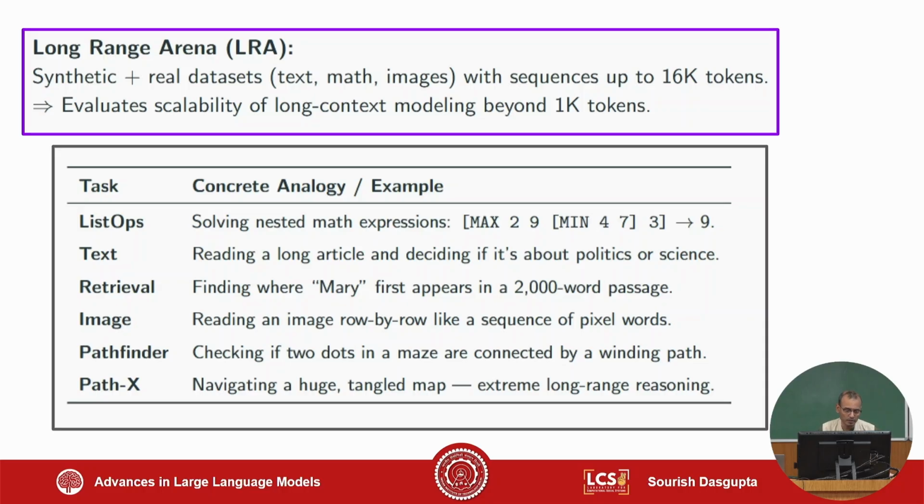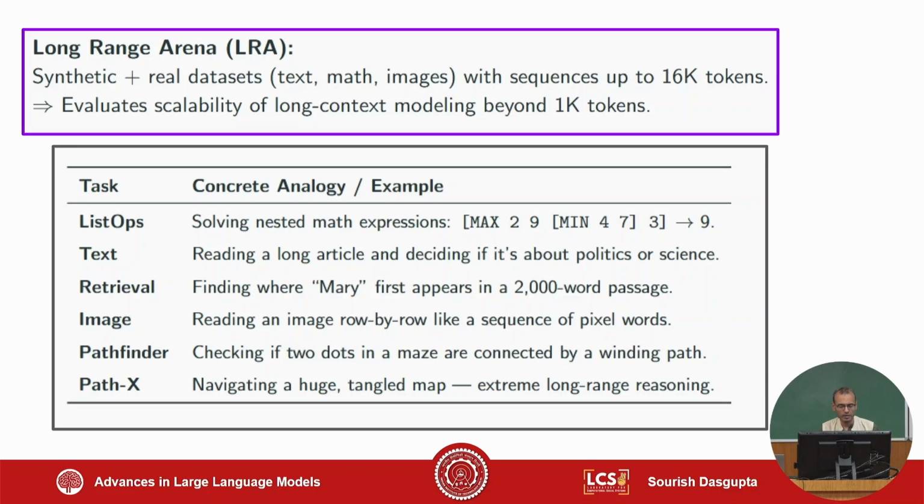It's quite a challenging and open task even till today. The Text task is basically to read a long article and decide if it's about a certain topic. A retrieval example would be to find where Mary first appears in a 2000 word passage. So that would be a retrieval sort of task.